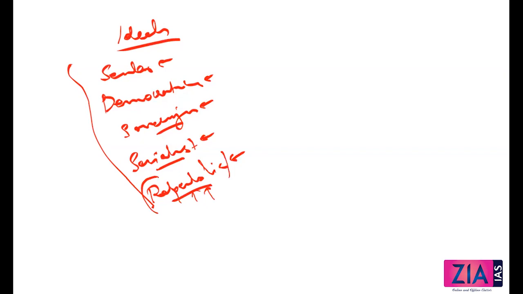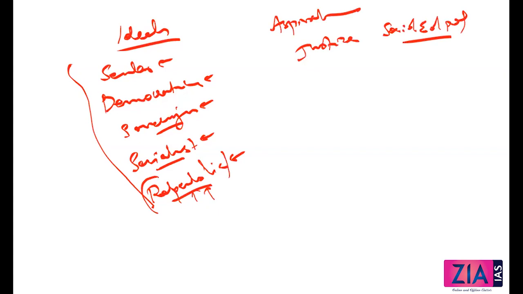Then what are the aspirations? Justice. When we talk about justice, it involves socio-economic and political justice, right? You can also talk about freedom from this perspective: political freedom, economic freedom, and social freedom. Do you remember in the history discussion, I told you about Bhagat Singh?